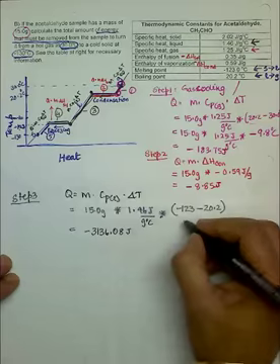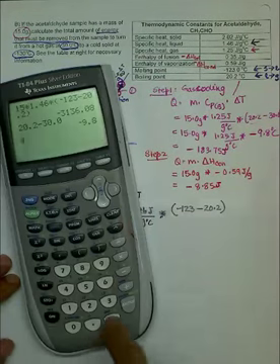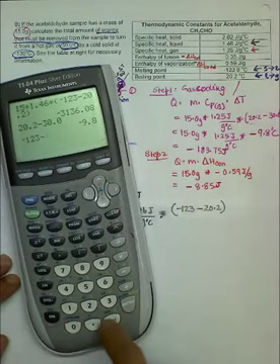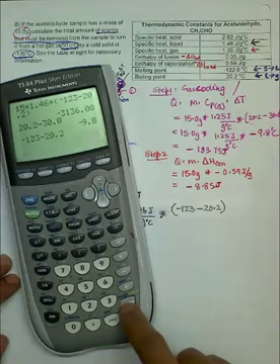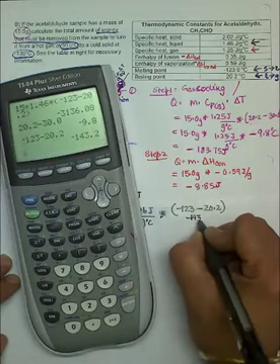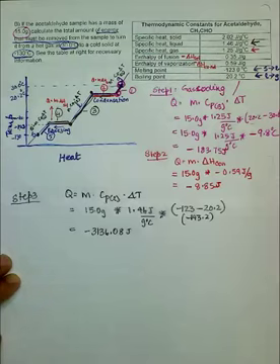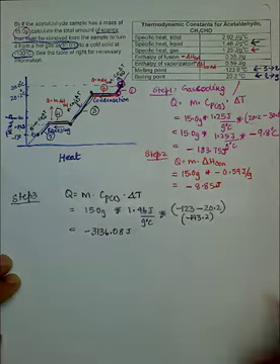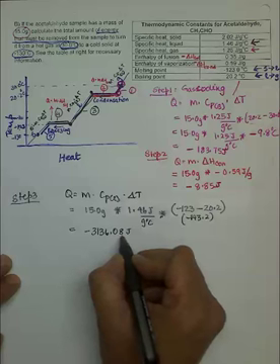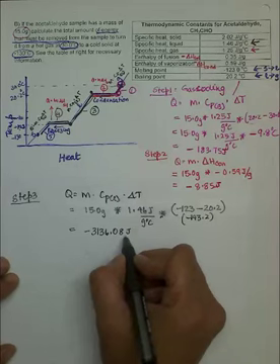Now if you're wondering what the negative 123 minus 20.2 is, you can put negative 123 on your calculator and subtract 20.2, and the difference actually is negative 143.2. So if you would like to do that before you go into the final step, that is fine as well. But you should be able to get negative 3136.08 as you put it on your calculator. So we have solved for step number 3.